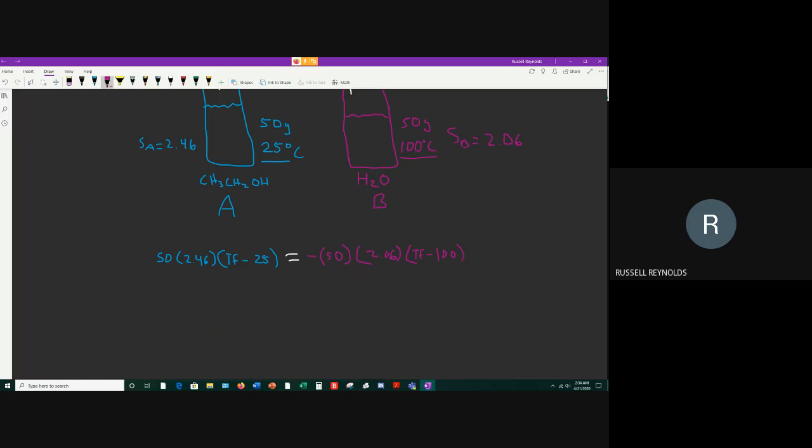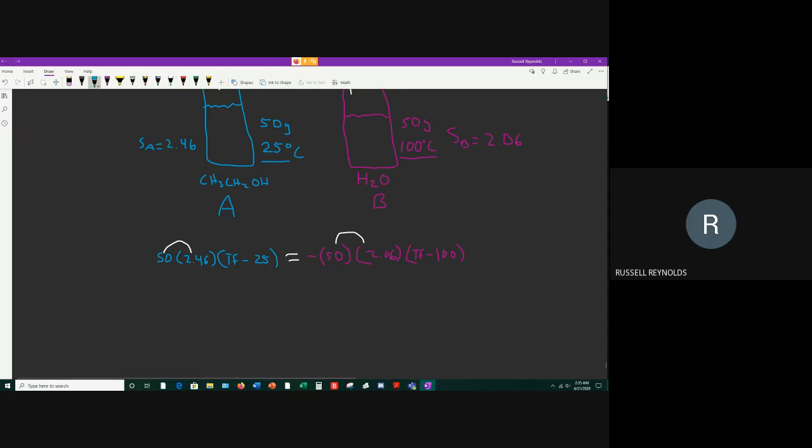And so now what you want to do is some straightforward math. You'll want to distribute this 50 and multiply it to that 2.46. Same thing over here. You want to take this negative 50. Remember, there's a negative sign there. And you'll want to multiply that 50 to that 2.06.